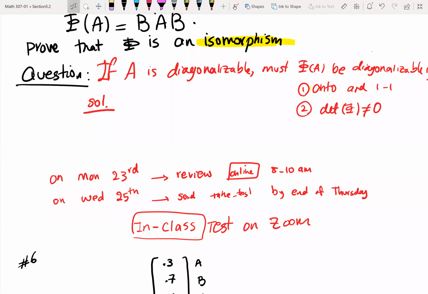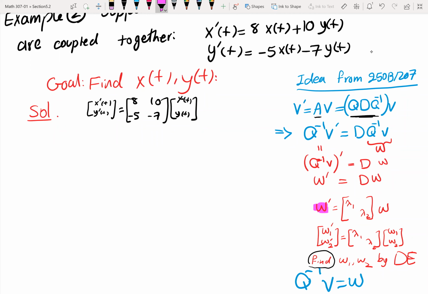I just want to work with numbers and finish this problem and see what happens. As you see on the right side, the goal is to get the W's first, and then when you get the W's, you can find the V's, which are really your X and Y's. This format, V prime equals A times V, is right over here.